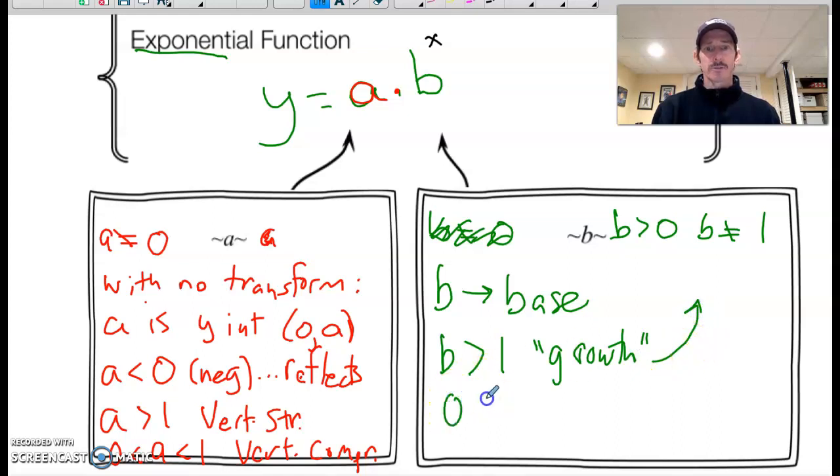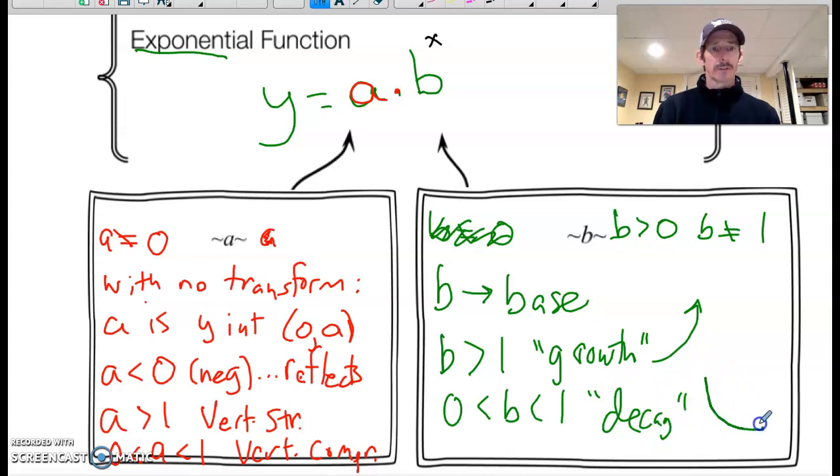And if B is between 0 and 1, so again, a fraction like I was talking about over here, then we have, in essence, what's called decay, which means I'm going to be compressing and coming down. So the curves are very similar because one's shooting up, one is shooting down. This one's increasing always. This one is decreasing always. So those are some of the key features that you're going to get with the exponential function.